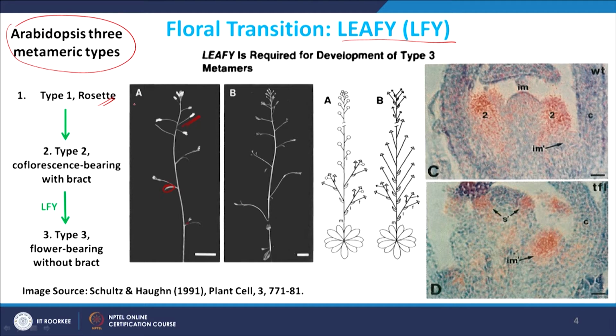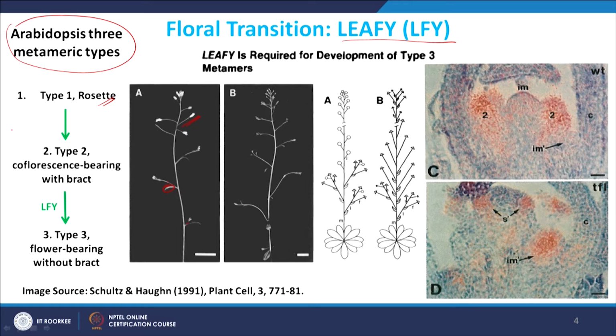So, this is a typical architecture of Arabidopsis inflorescence, but in the leafy mutant, you can see this in the schematic diagram here. In wild type you have the coflorescence and then you have the final flowers, but in the leafy mutant the coflorescence are fine, but the later flowers are getting converted into shoot-like structures. So, there is a loss of floral identity, which suggests that leafy is important.